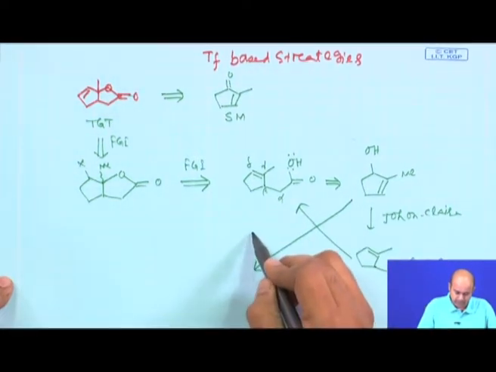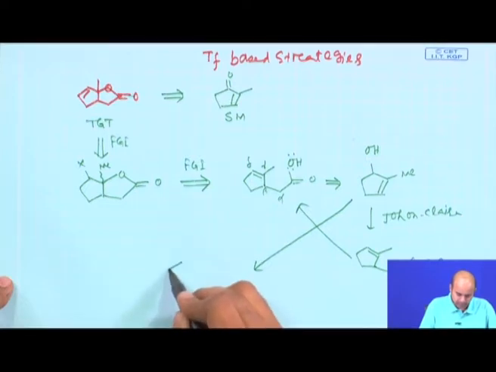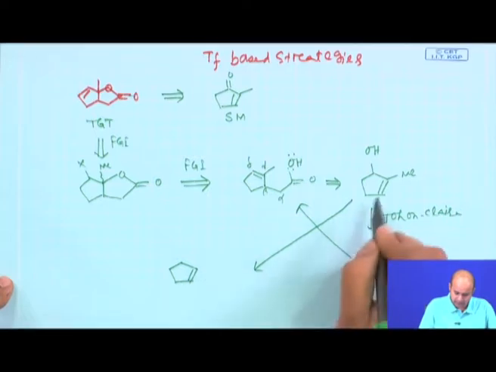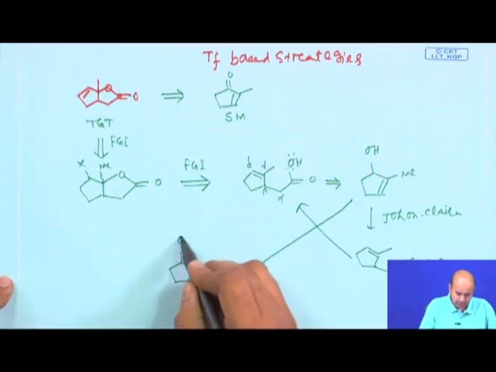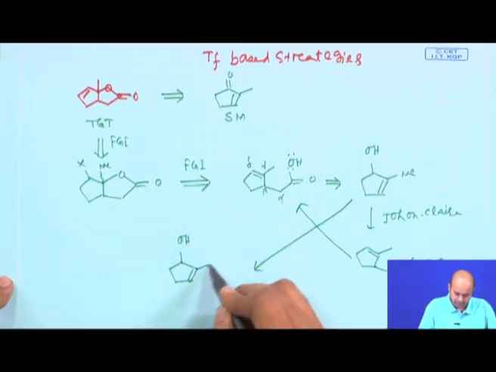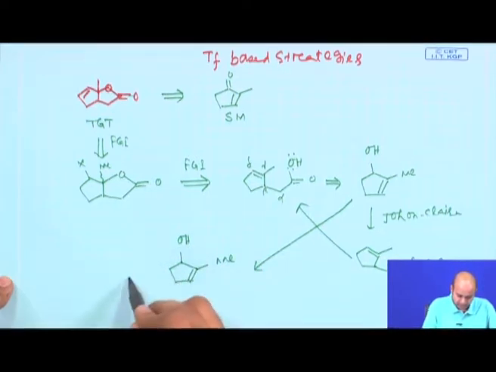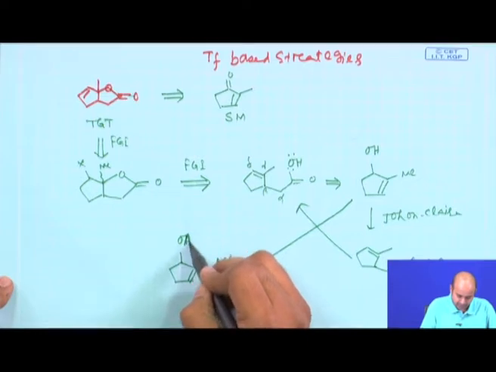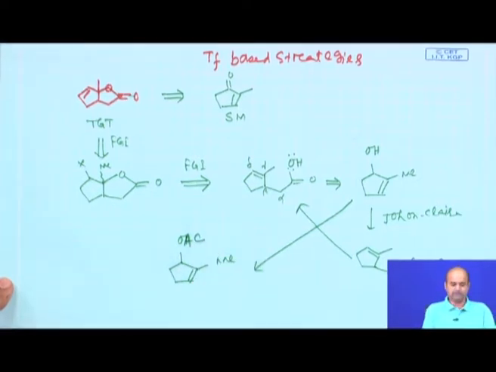This reaction we will now be discussing. You take the corresponding allylic alcohol and put it as an acetate.